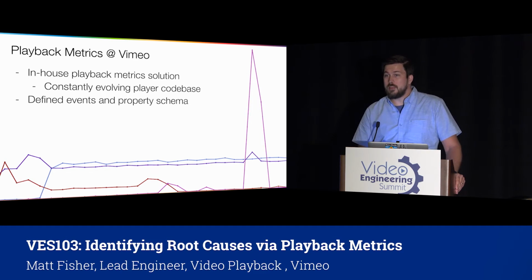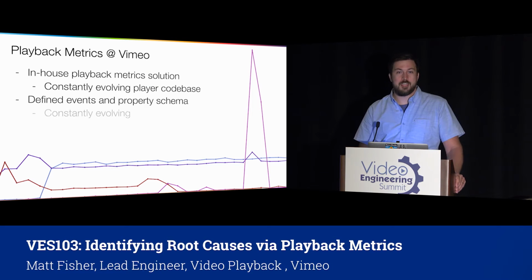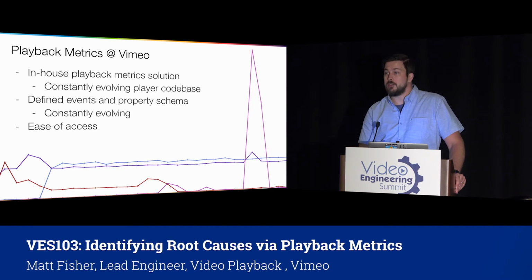However that may be, there are some circumstances where things might change unexpectedly that need to be taken into account. So the schema and property set that we utilize is constantly evolving as well, which is a very unique challenge.